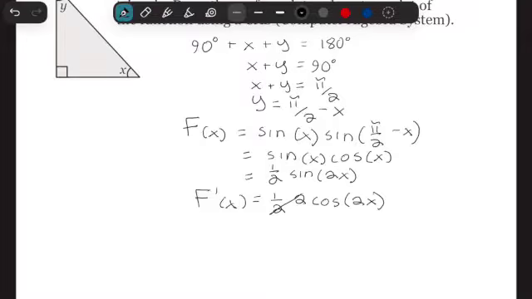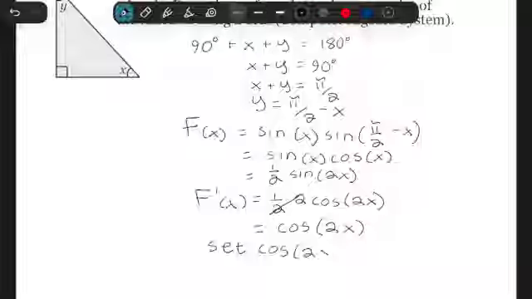Of course, these 2's cancel out, so we just get cosine 2x. So now we have to set that equal to 0. Set cosine 2x equals 0. All right, so when does cosine equal 0 that's within our domain?